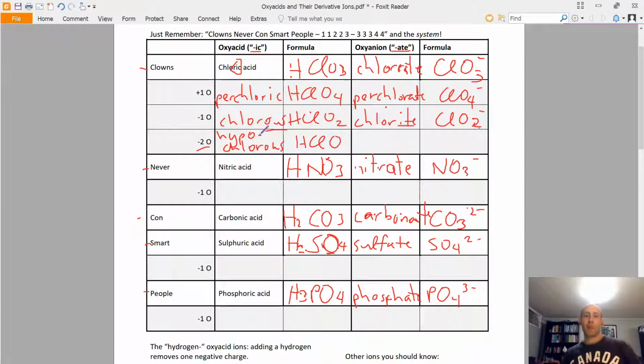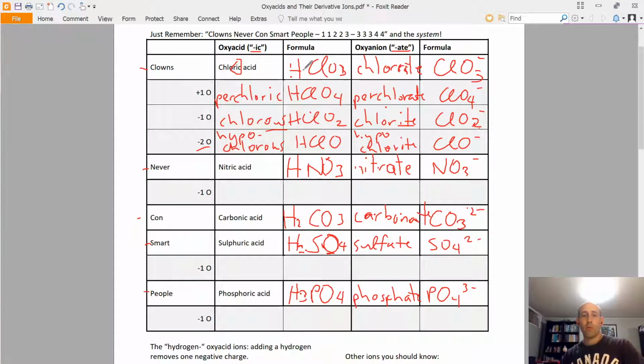Hypochlorous, and guess what the oxyanion for that is? Well, ous becomes ite, so it's the hypochlorite ion. And its formula is ClO minus. Okay, which incidentally, hypochlorite ion, if you look at the ingredients on bleach, you'll find that it's sodium hypochlorite. That's where that one comes up.